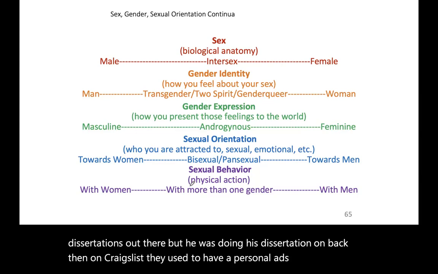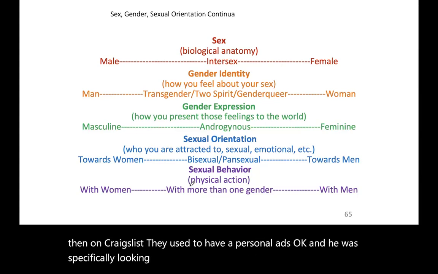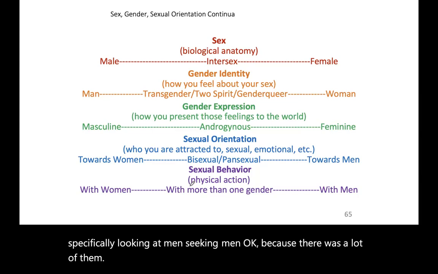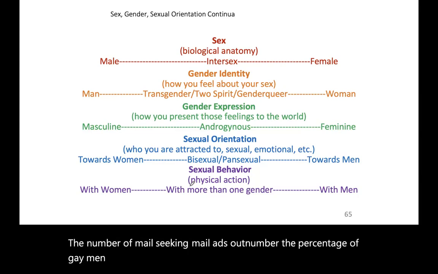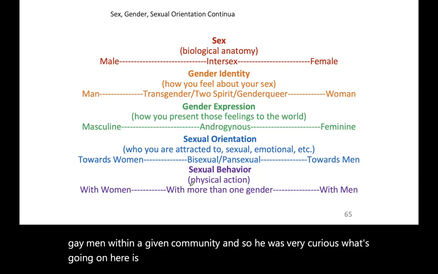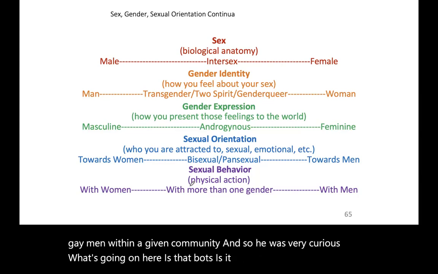And he was specifically looking at men seeking men. Okay. Because there was a lot of them. And he's like, the number of male seeking male ads outnumber the percentage of gay men within a given community. And so he was very curious, what's going on here? Is it bots? Is something fluky going on?